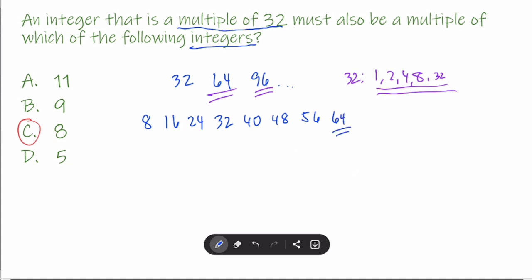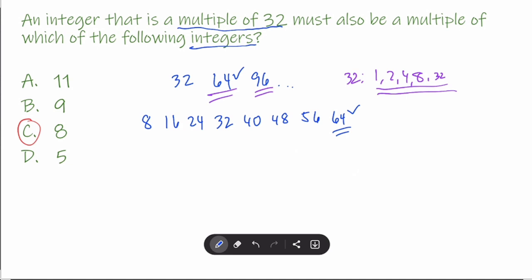So eventually it will get one of those multiples, like 64. As long as it's a factor of 32, it will eventually get the other multiples. Same as 4 and 2, although it's going to be longer. But all those will get 64 and 96 as their multiples.